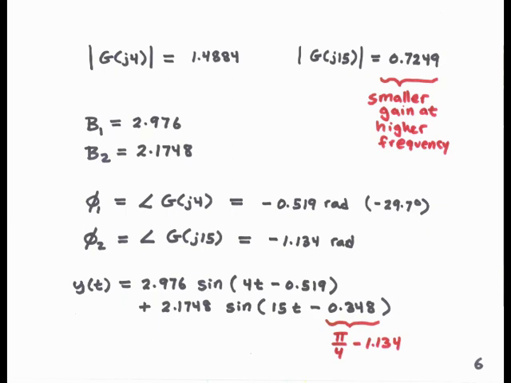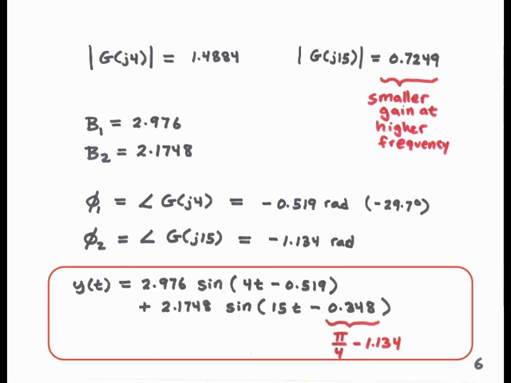So when we insert our calculated values for B1, B2, Phi1, and Phi2, the solution we'll find is at the bottom of the page. y of t equals 2.976 sine(4t minus 0.519 radians) plus 2.1748 sine(15t minus 0.348 radians), where 0.348 is pi over 4 minus 1.134.